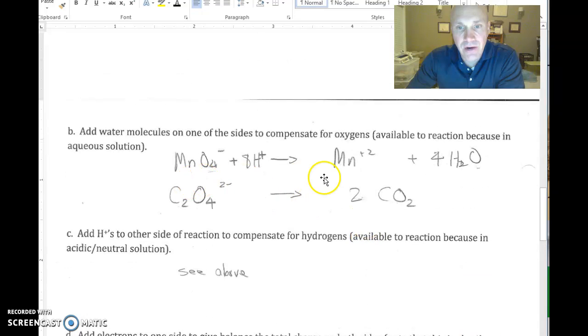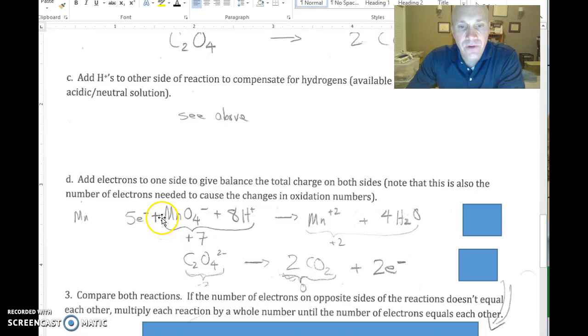That's just carrying down what we had up here before. If we add up the total amount of charge from the left side of the reaction, that would be a +7 charge. If we add up the total charge from the right side, that would be a +2 charge. So how do we make the total amount of charge on both sides the same? What we're going to do is add 5 electrons to the left side.